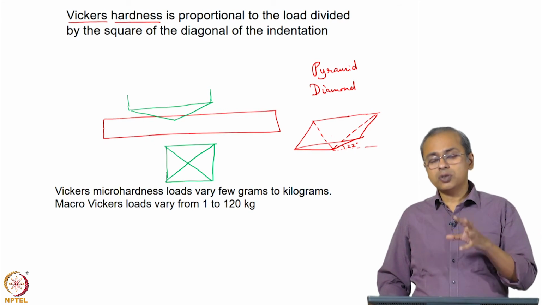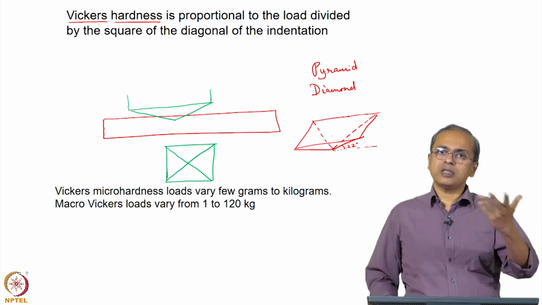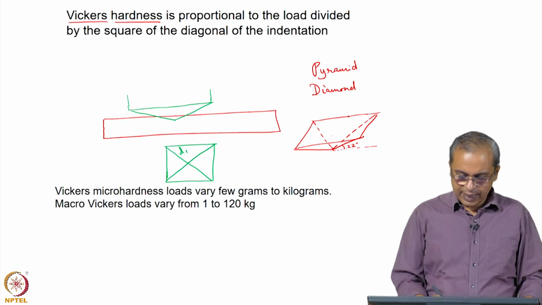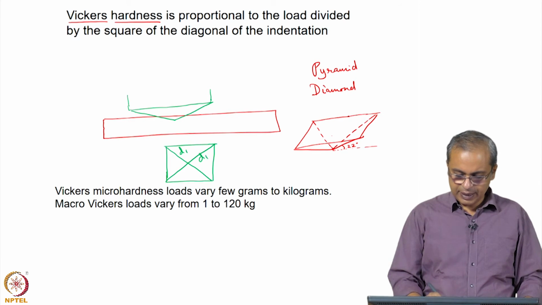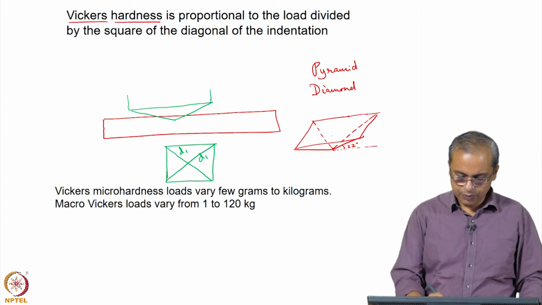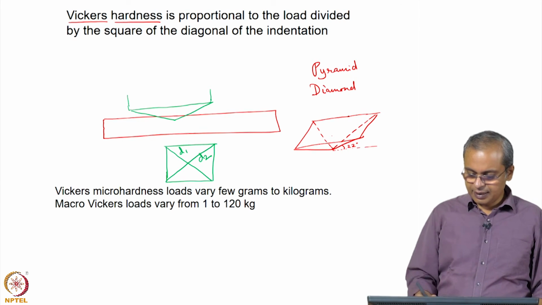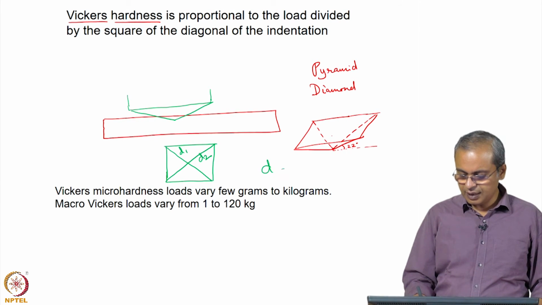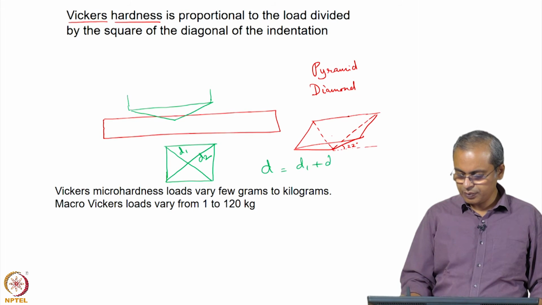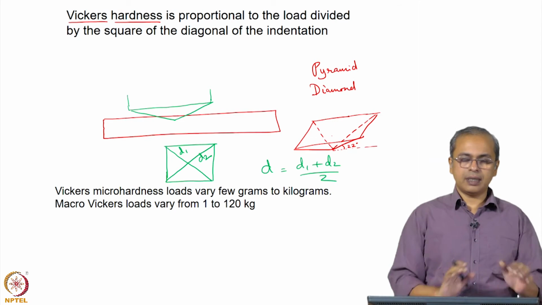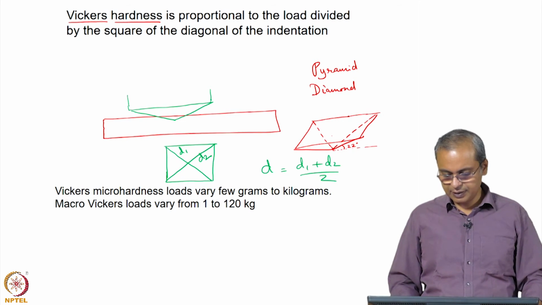So, what is typically done is to approximate it as a square, and we look at the 2 diagonals with dimensions d1 and d2, and take an average: d average is (d1 plus d2) by 2. It is just the average of the 2 diagonals, and that is used to help us do some calculations.